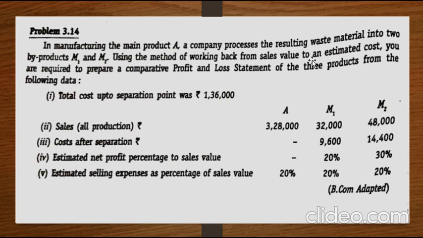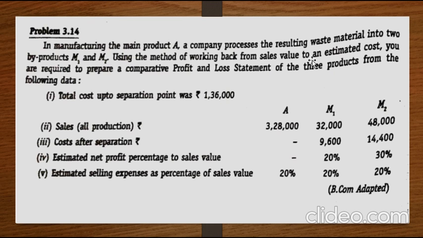The wastage of A led to the production of byproducts M1 and M2. Using the method of working back of sales, that is the reverse cost method, where from sales you minus all the costs to find out the estimated cost, after you get the cost of each byproduct and main product, you are supposed to prepare the comparative profit and loss statement. That is what they have asked.